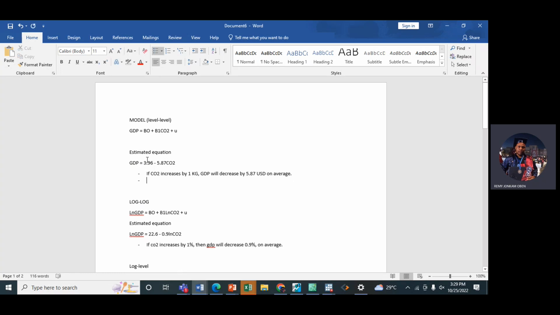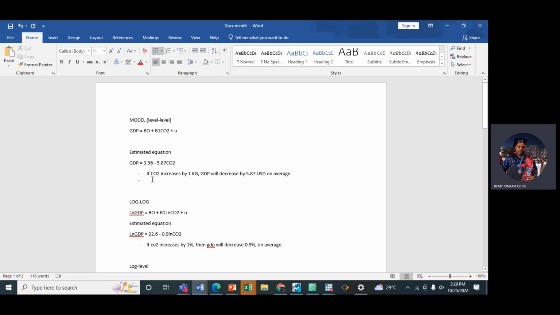Basically, in this model, what are we checking? We are checking how carbon dioxide affects GDP, and we know that this is how carbon dioxide affects GDP using this coefficient. This constant is telling you that if you eliminate the effect of carbon dioxide, then this is what your GDP will be.